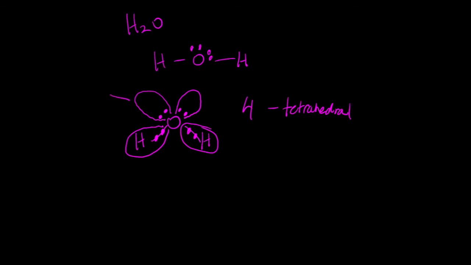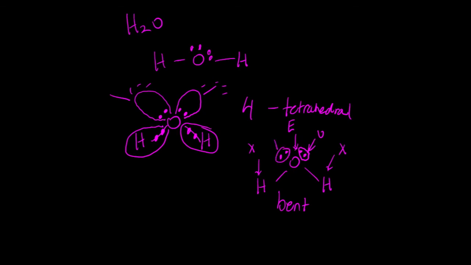But grab your needle, pop this balloon, pop this balloon. What is the position of these 2 hydrogen atoms? Well, they're bent. When you look at this molecule, it has the designation bent. If your central atom is E, and your bonded groups are X, and if your pairs are called U, there's one U there, and one U there. U stands for unshared electron pairs.